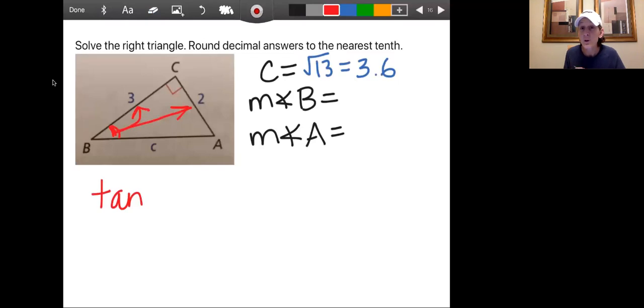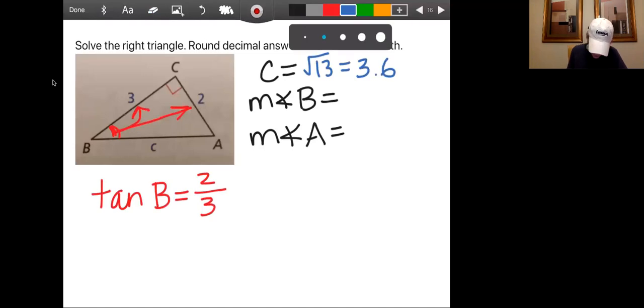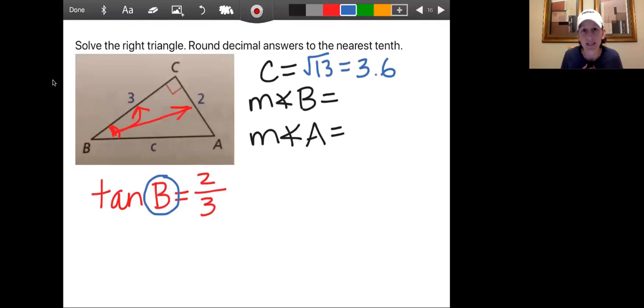But this time we don't know the angle. So we say tangent of angle B equals 2 over 3, opposite over adjacent. And I don't know if you watched that other video, but when we're missing the angle, we say to ourselves, what's happening to that B right now?